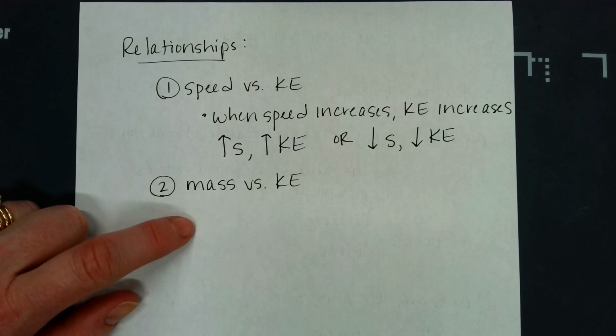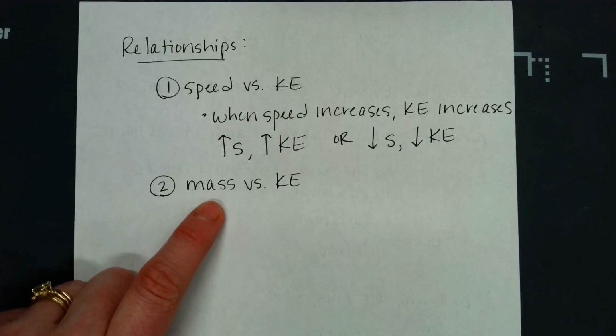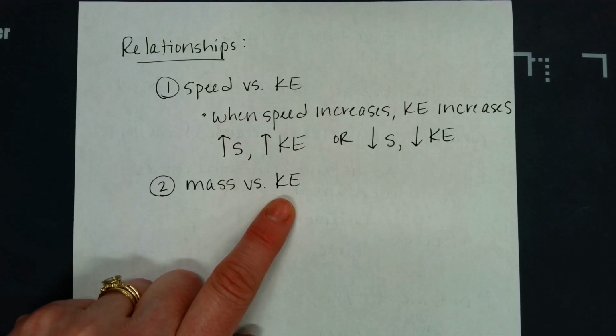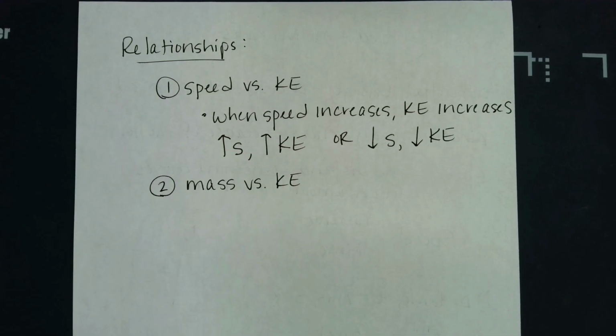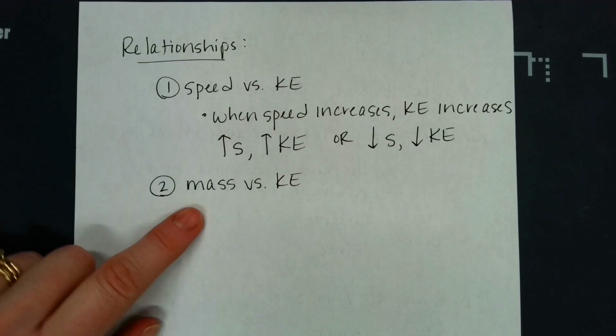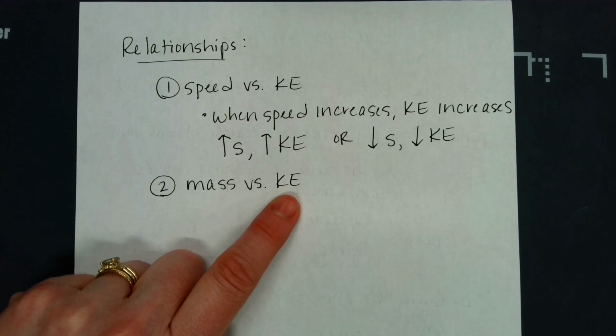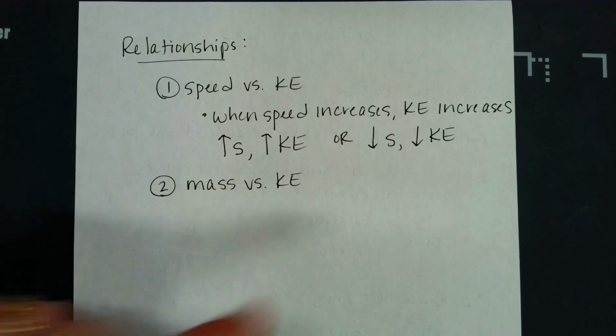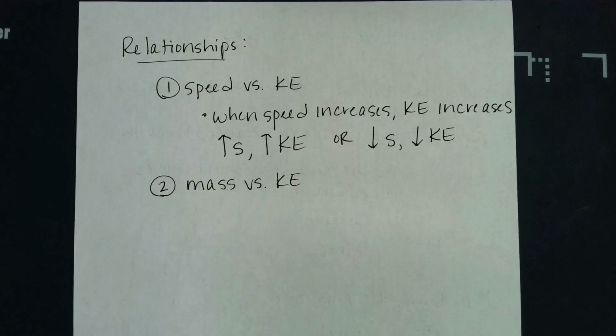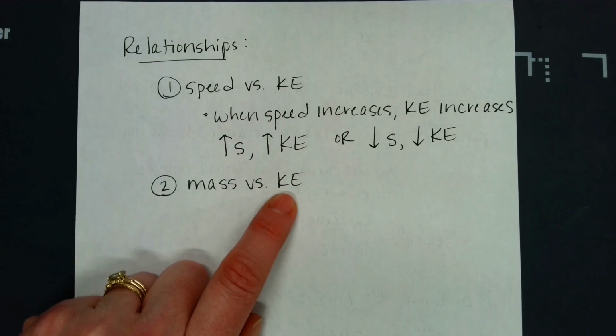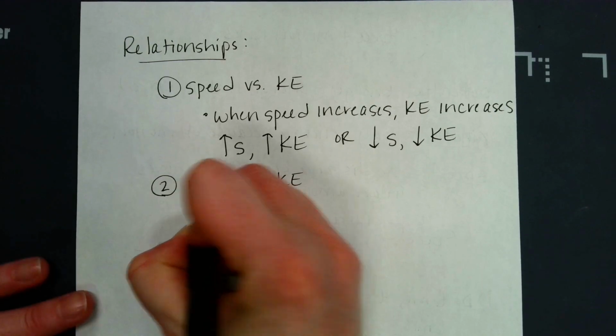And how do you know that? How do you know that adding more mass increases the kinetic energy? Because your block went farther. If your block went the same distance, no matter how much mass you put in the cart, would that mean mass and kinetic energy have a relationship? No, but it did, okay? Did everybody find that the more mass they put in, the farther the block went? There's your answer, okay?